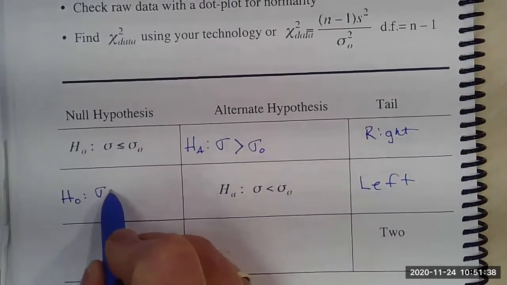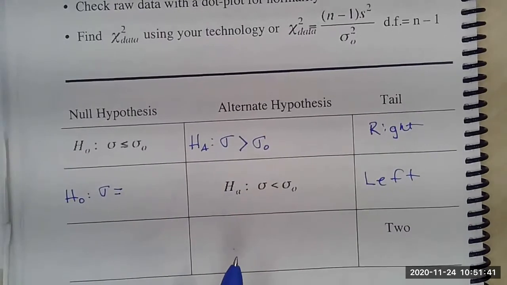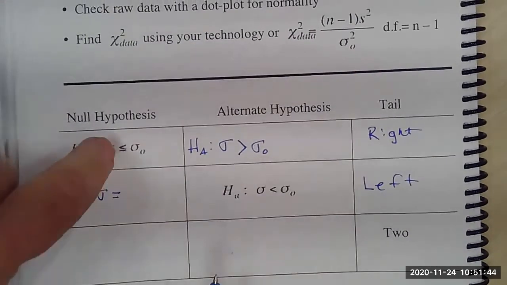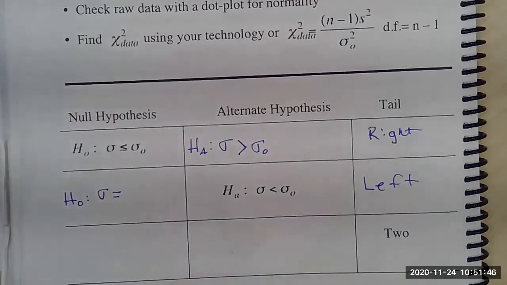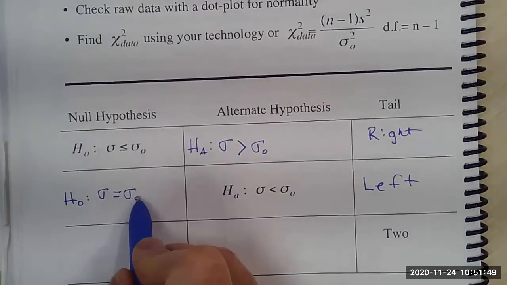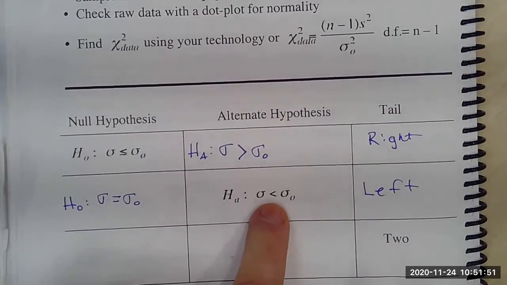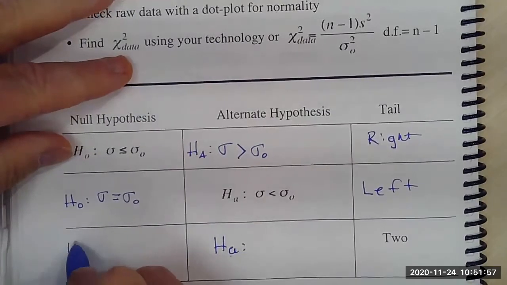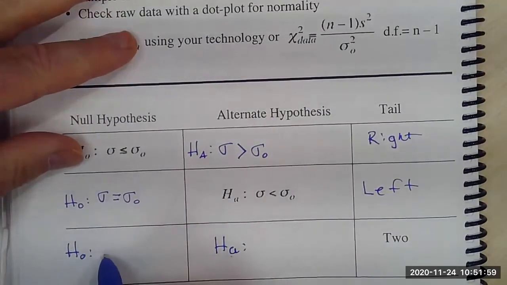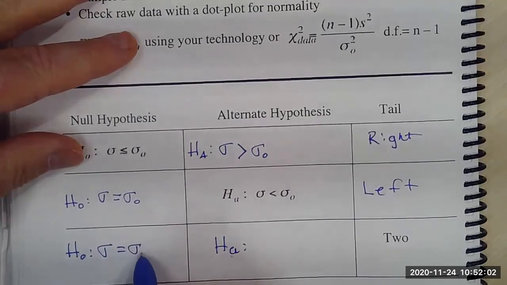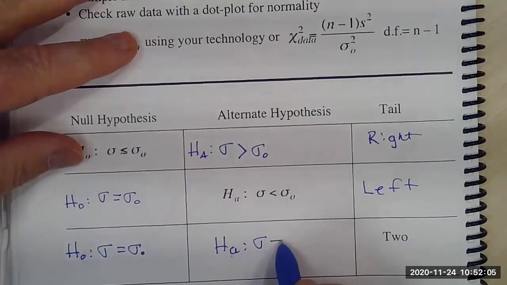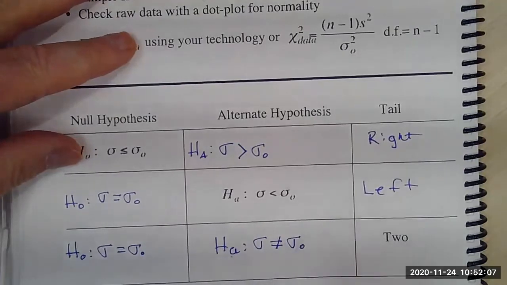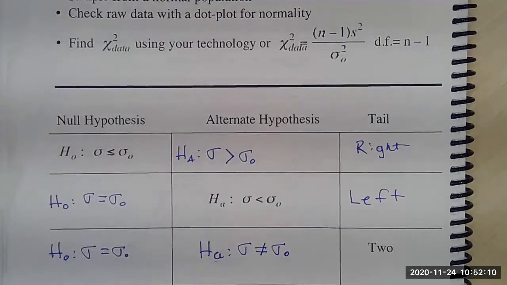How about just equal to, Jeff? Yes, the author, again, does just equal to. Same with this. It'll just do equal to. It's your choice. And this would be sigma, so not equal, but the tail decision is based on the alternate. And over here is a two tail. A lot of similarities from section 9.2 to 9.5.